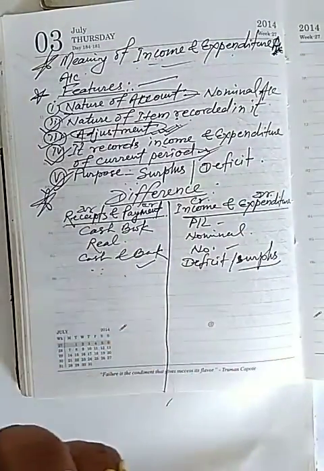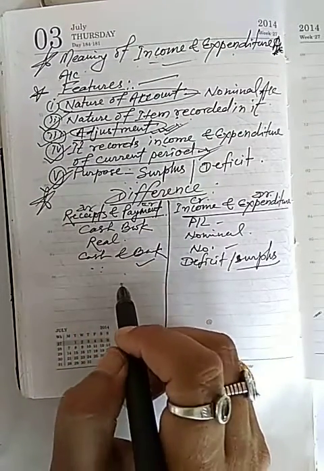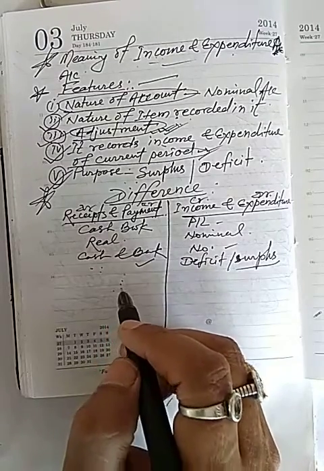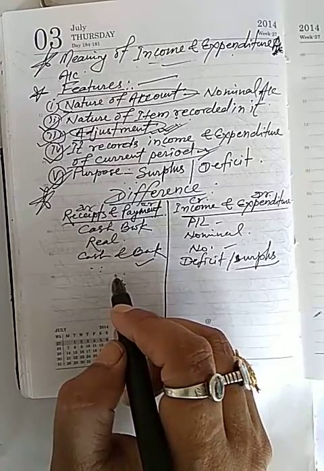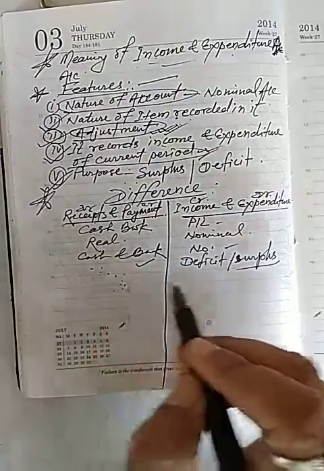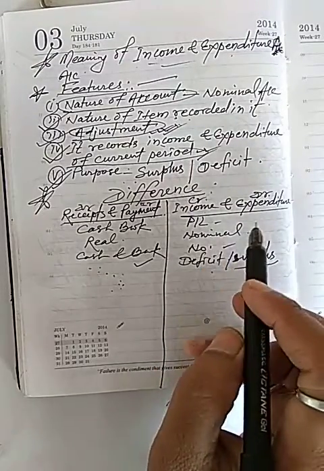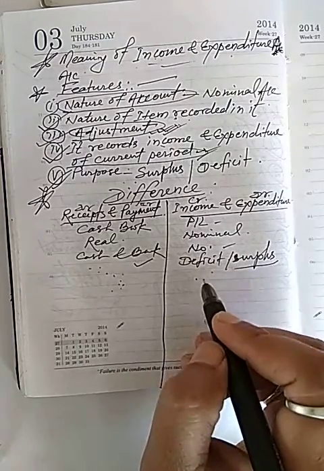In receipt and payment account, all receipts and payments made during the year are recorded, whether they relate to current year, previous year or next year, but in income and expenditure account only current year items are recorded.